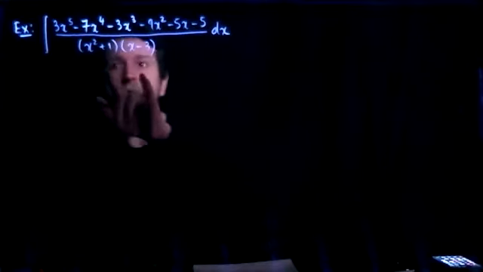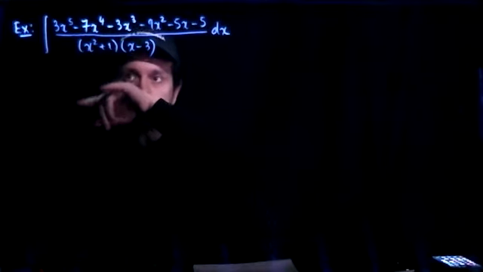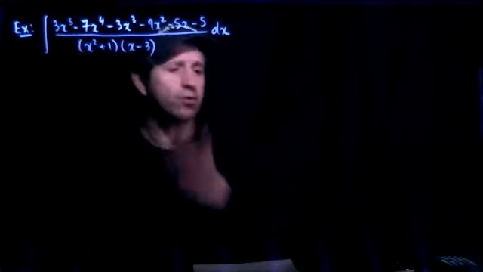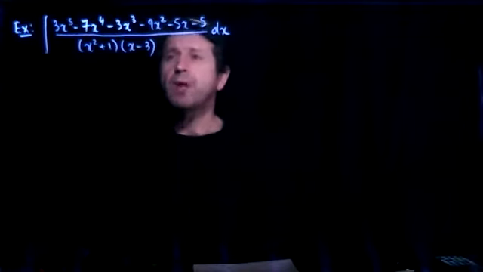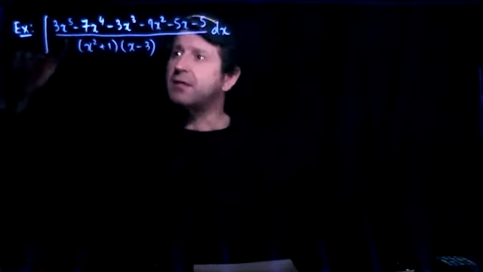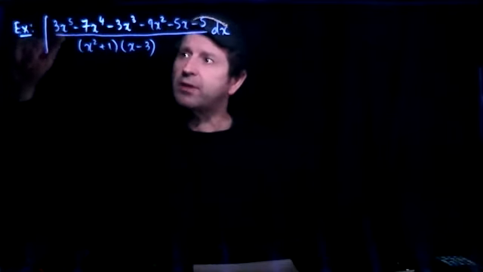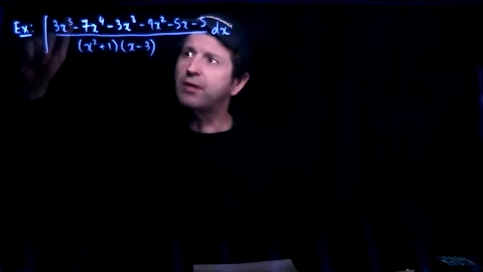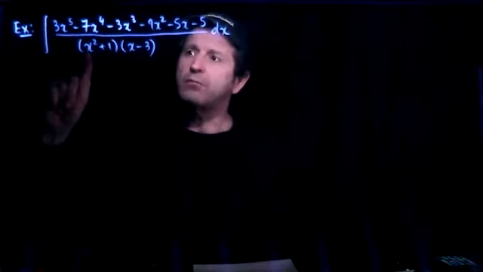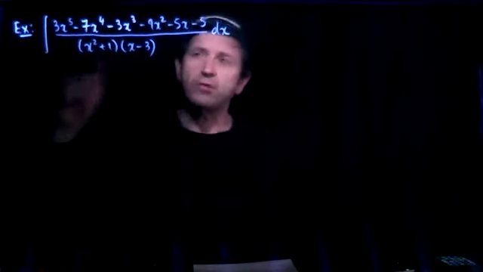Okay, so I know right away that the bottom is factored, so chances are I'm going to use partial fractions decomposition. But the only thing we haven't done in the last classes is an example like this, where the numerator has an exponent, right? The degree of the numerator is bigger than or equal to the bottom.